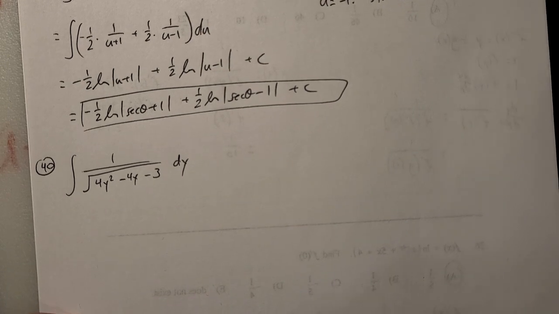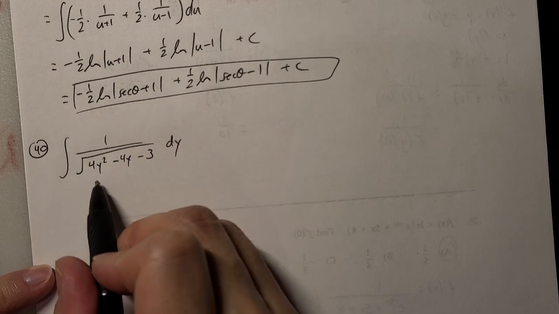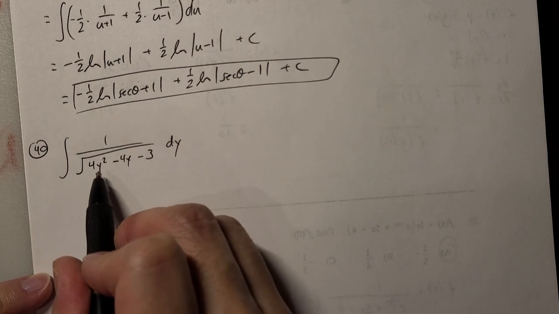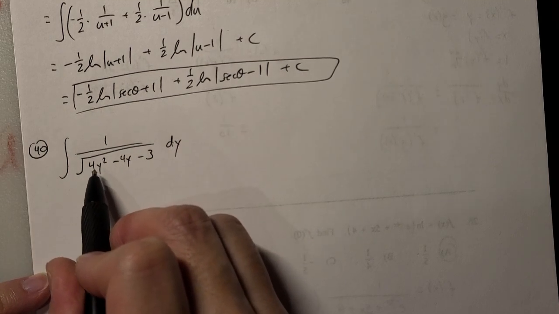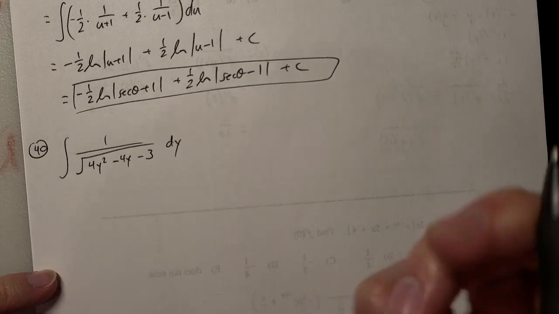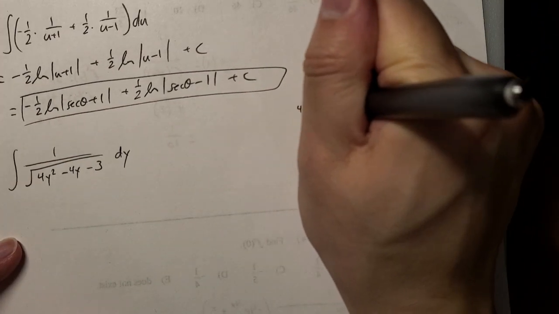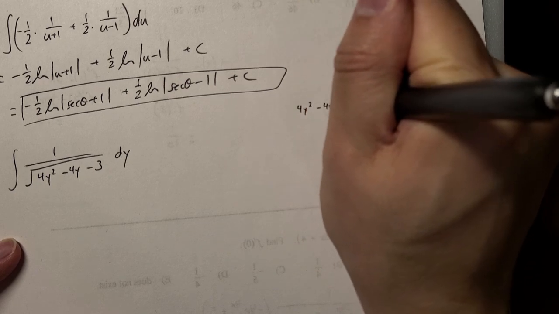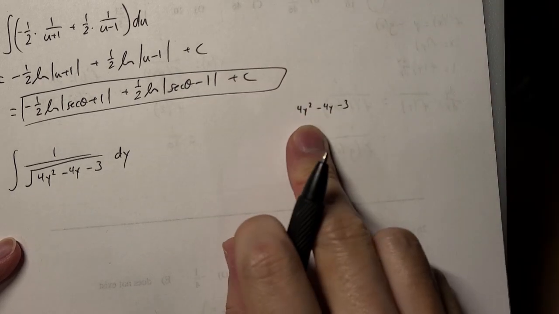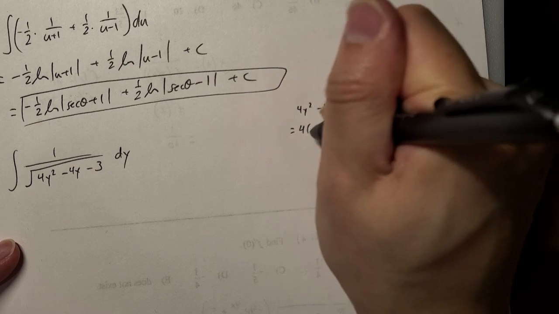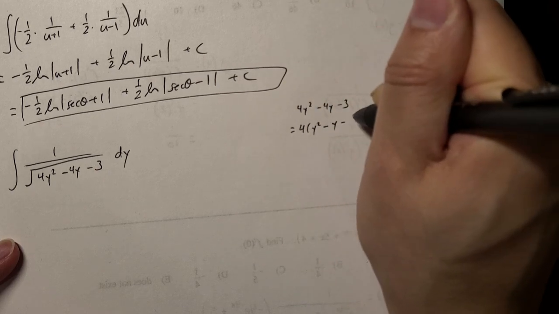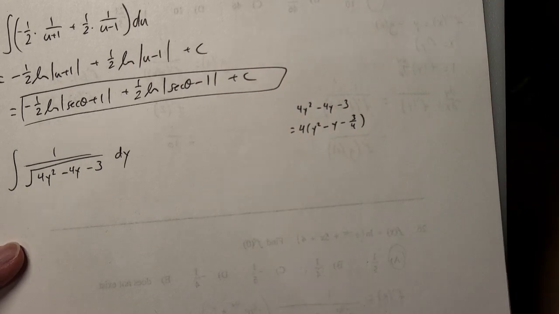To complete the square, there's a requirement that the y squared term needs to have a coefficient of 1 in front. So let's factor out a 4. Let me do it on the side over here to save some space. So it'll be 4 times y squared minus y minus 3/4.